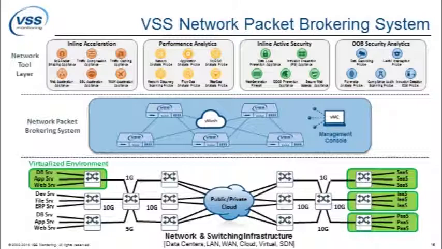So let's say if today you have 1G or 10G and tomorrow this link went to be 40G, you don't need to change the tool layers. We can simply extract the traffic of interest from any of these access points and deliver it to the right tool, no matter where those tools are, whether locally present or centrally located in your NOC or your SOC.